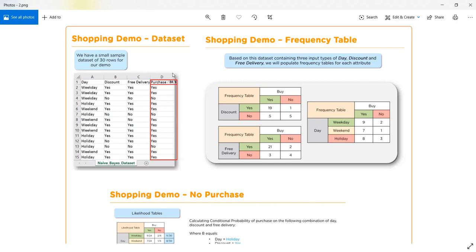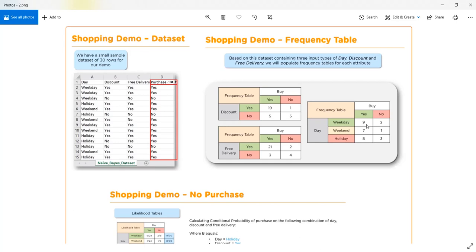Similarly, on how many of the 30 days is there a purchase? If I add up 9 plus 7 plus 8, 9 plus 7 is 16, plus 8 is 24. So there are 24 days on which there are purchases, yes. And how many days is there no purchase? 3 plus 2 plus 1 is 6. There are 6 days with no purchase.